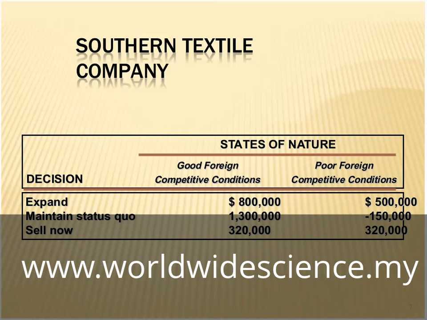For example, the president of the company has raised 3 decisions for his or her company: expand, maintain, and sell it. But he doesn't know which decision is the best. He asked the operation manager, by use of these tools, to tell him which decision is more profitable for the company: expand, maintain, or sell it.